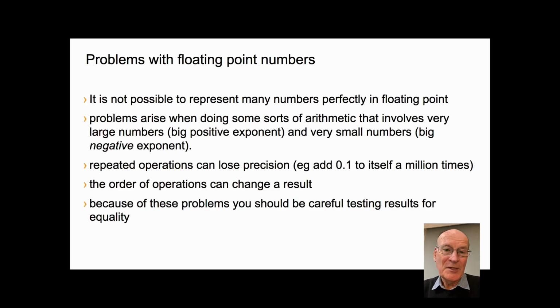Now, once again, there are problems with these representations, with the floating point number representation. Initially, I should say that it's, once again, not possible to represent many numbers perfectly in floating point, just the same as we couldn't represent a third in the fixed point representation. But there's quite serious problems here with doing certain sorts of arithmetic. Unfortunately, many people make mistakes with this when they're doing complex arithmetic inside the computer.